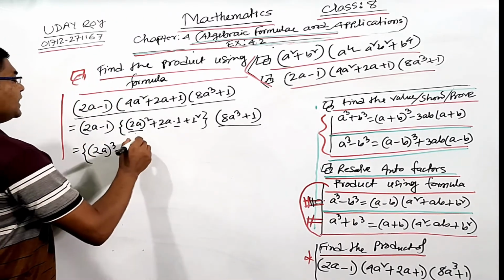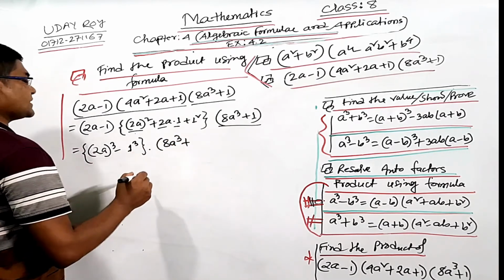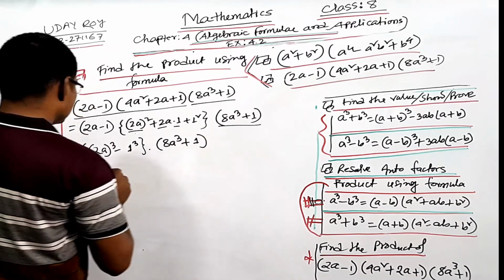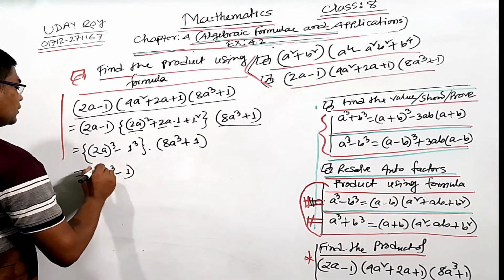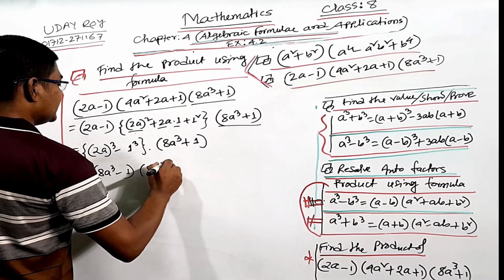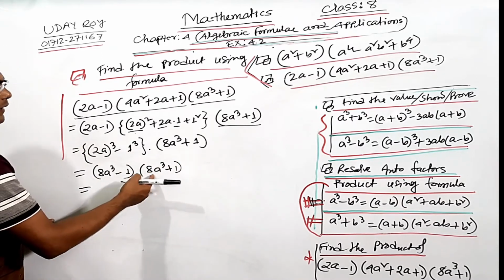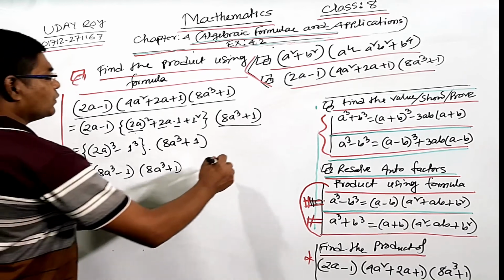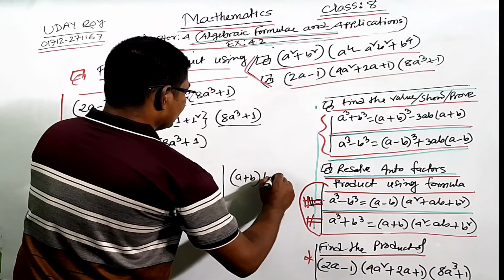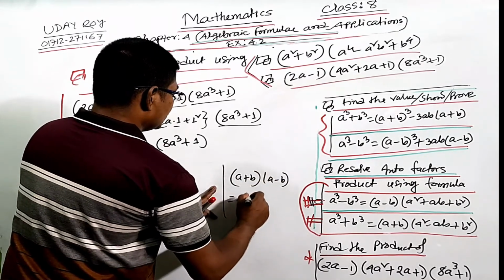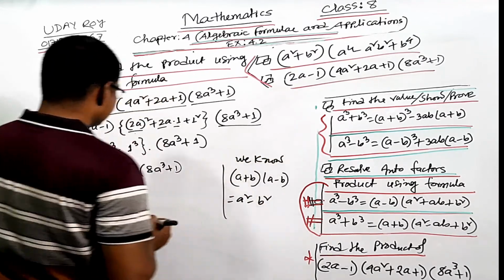Now use the second bracket. Here is 8a cube plus 1. So we get 8a cube minus 1 and 8a cube plus 1. So we can say here is a plus b, a minus b. We know a plus b into a minus b equals a square minus b square.